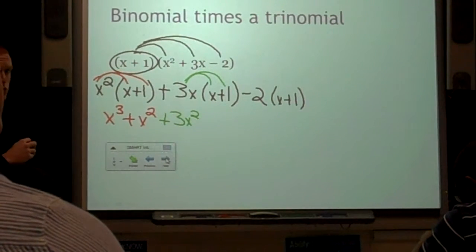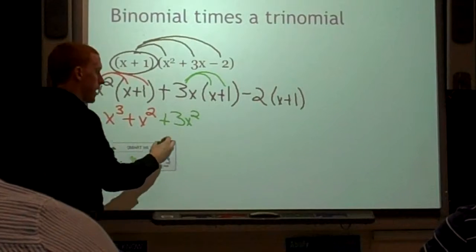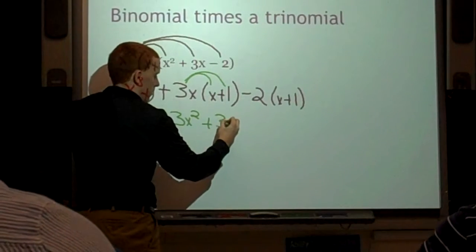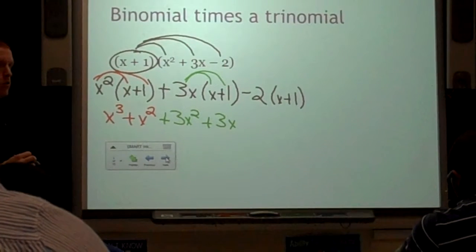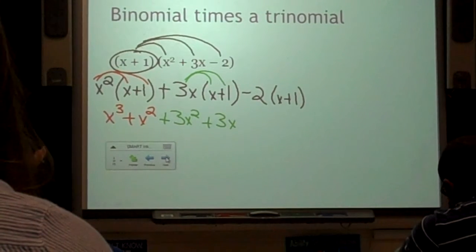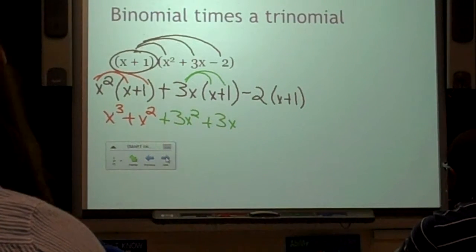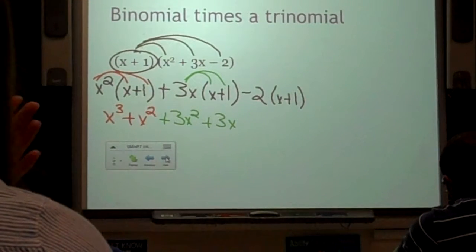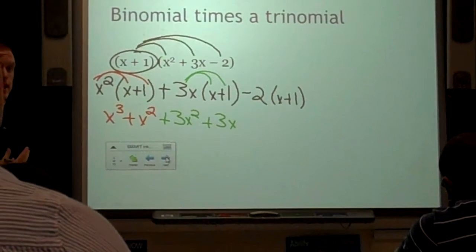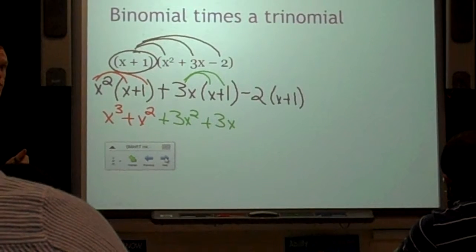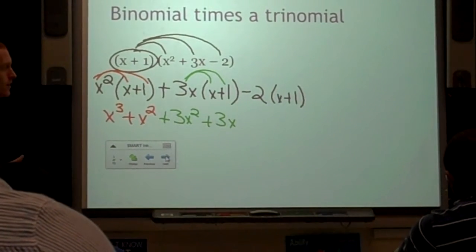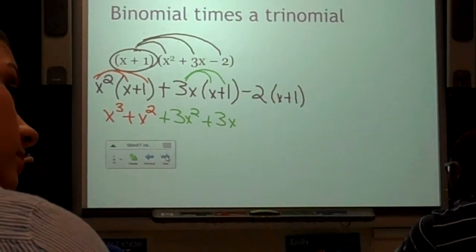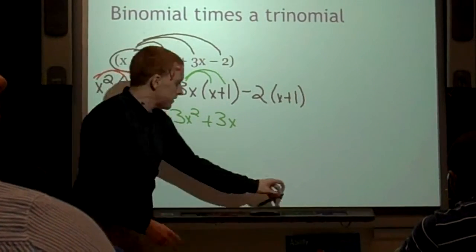And what's 3x times 1? 3x. And what's the name of that property? We're doing the distributive property, but when I multiply by 1, this is called the identity property. So, looks like I'm done with the middle. Now what about this last one?